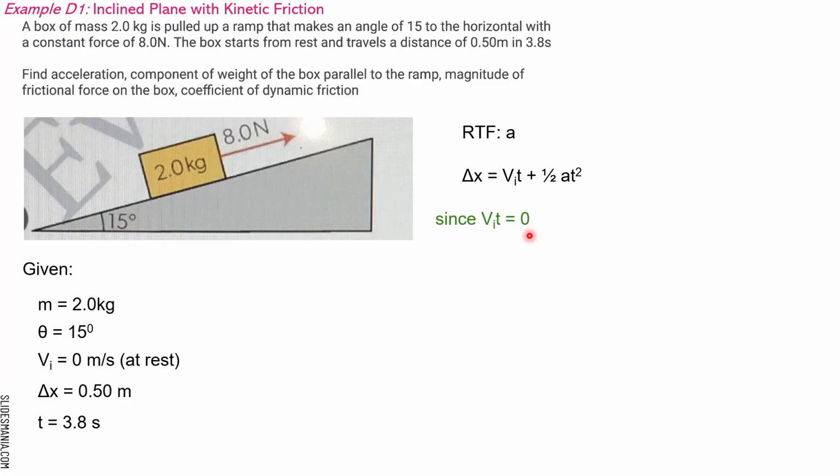Since the initial velocity is zero, or in other words, the box starts at rest, then this term simply becomes zero, which leaves us with delta x, the displacement of the box during 3.8 seconds, equal to 1/2 times its acceleration times its time squared.